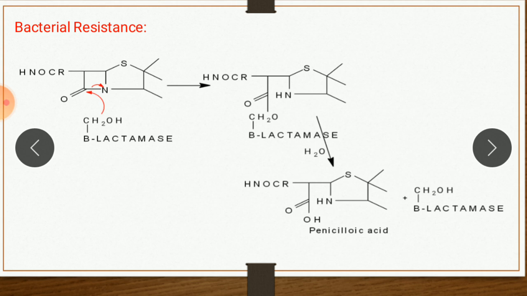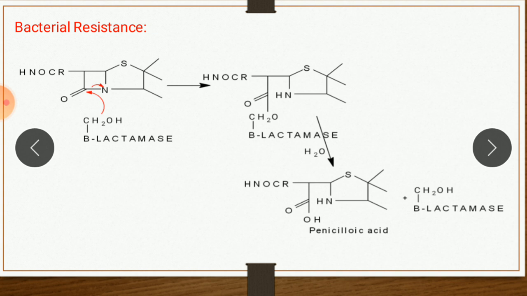Another important resistance mechanism, especially in gram-negative bacteria, is decreased permeability to penicillin. The cell envelope in most gram-negative bacteria is more complex than in gram-positive bacteria. It contains an outer membrane not present in gram-positive bacteria, which creates a physical barrier to the penetration of antibiotics, especially those that are hydrophobic.